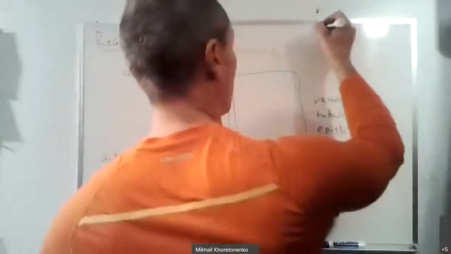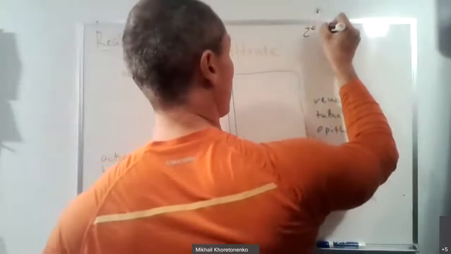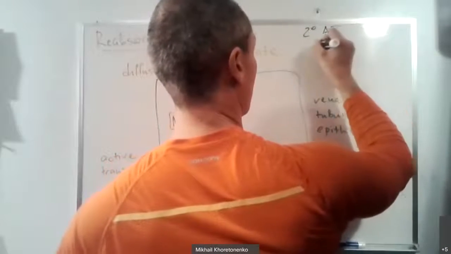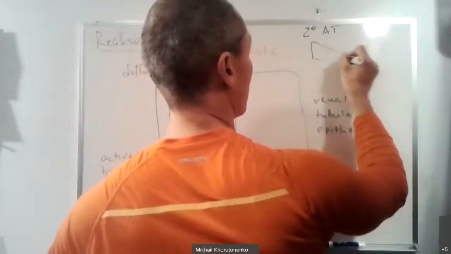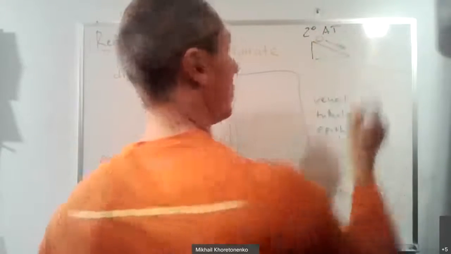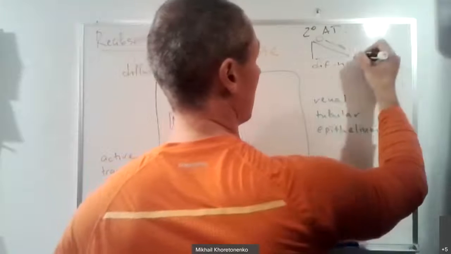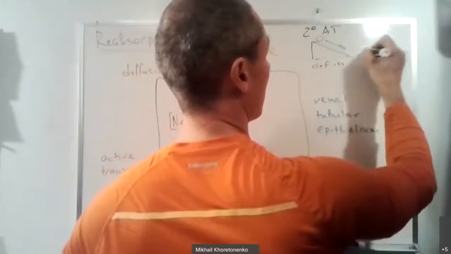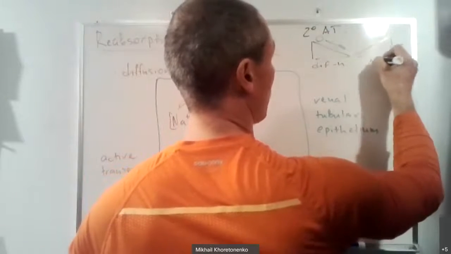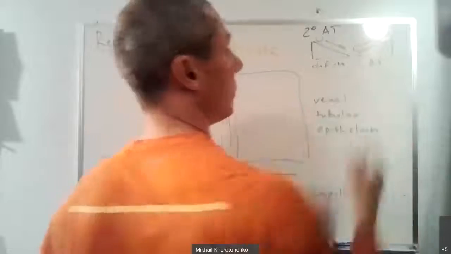So remember, we were talking about secondary active transport, where you have diffusion of one ion facilitating active transport of another compound.